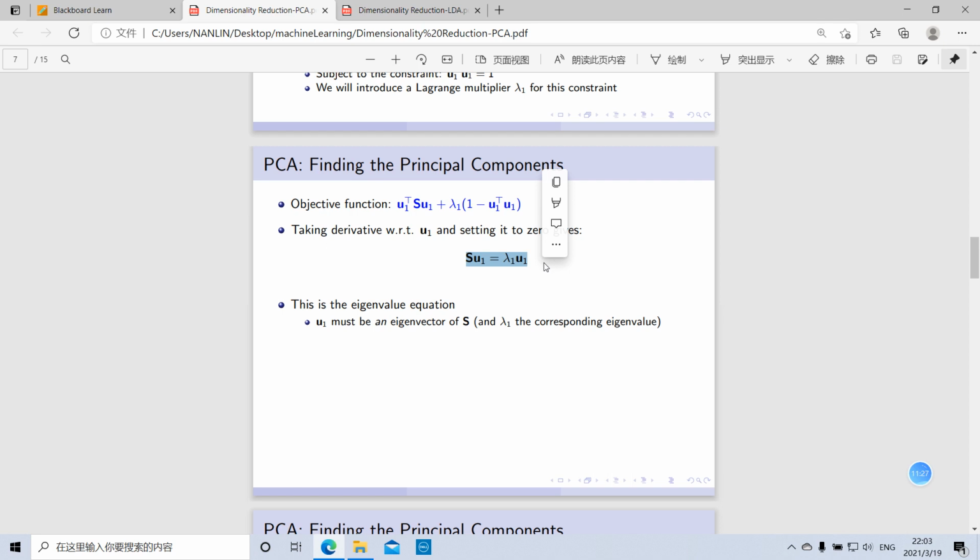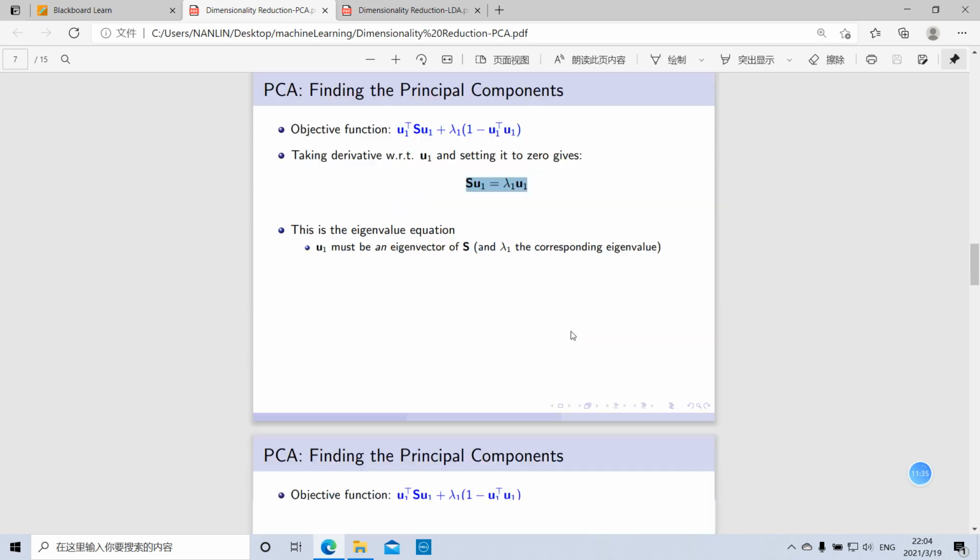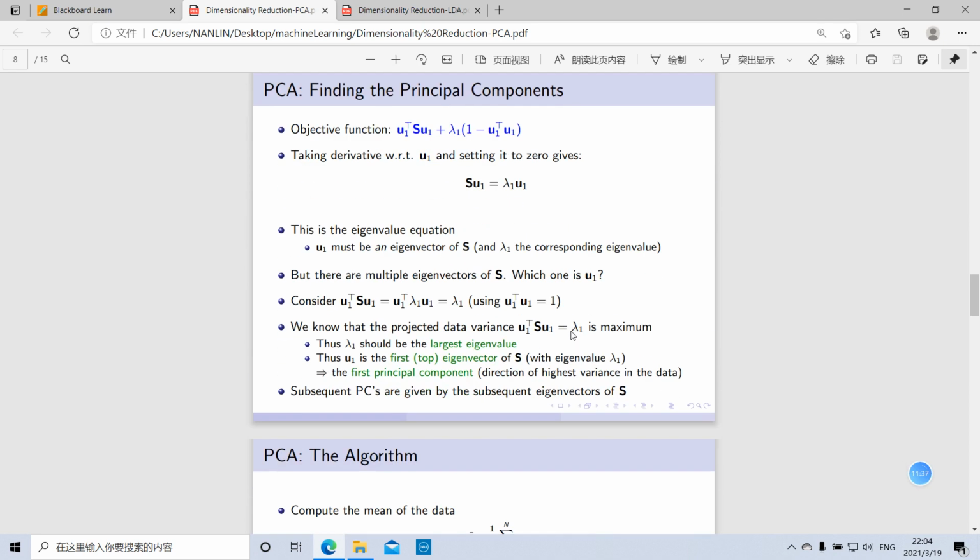So the first principal component must be an eigenvector of S. If we have several eigenvectors of S, which one is U1? U1 is the most important one.